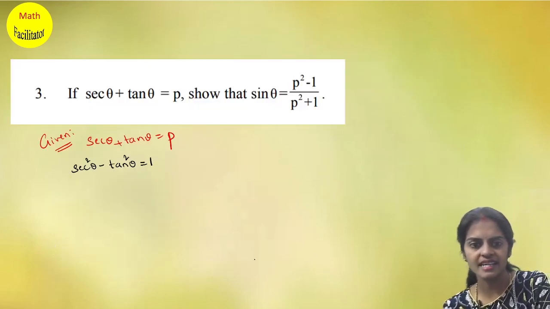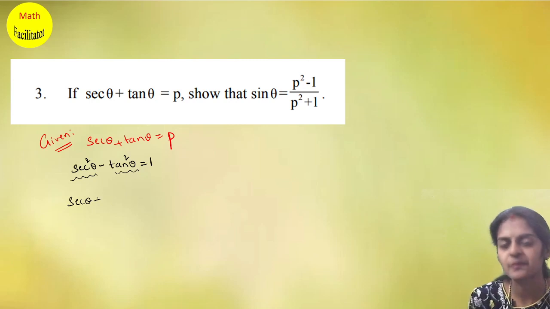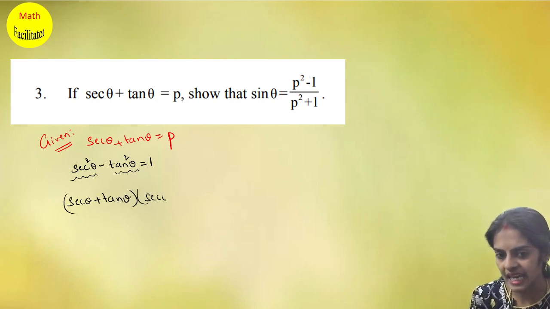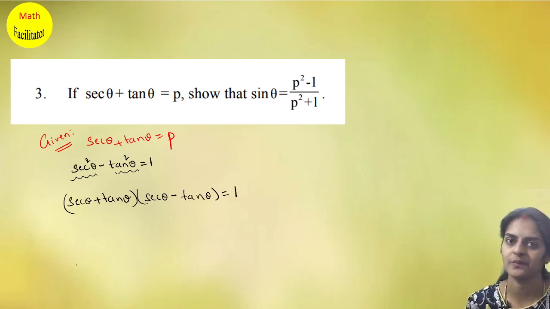So using this identity here, this is like a square minus b square. So can I write it as a plus b into a minus b is equal to 1.